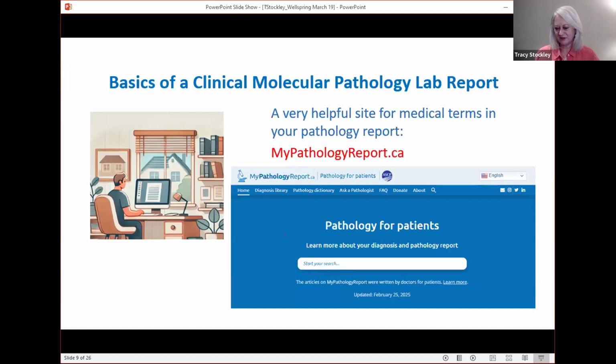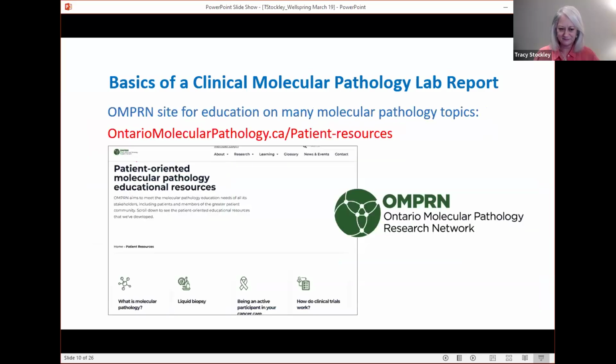You can just type a term you see into their search bar, and it will give you a definition. They have a number of other things in there, including something called Ask a Pathologist. So if you have a particular question about some test or something that is in your report, you can do that. It's a very, very helpful site.